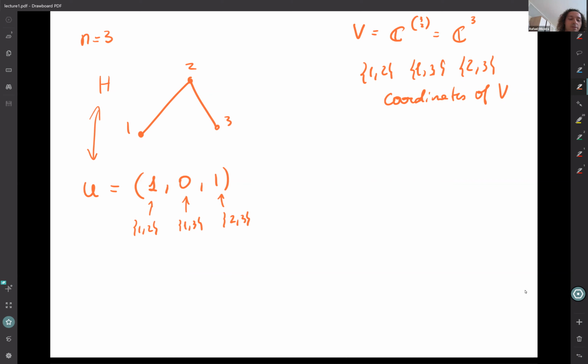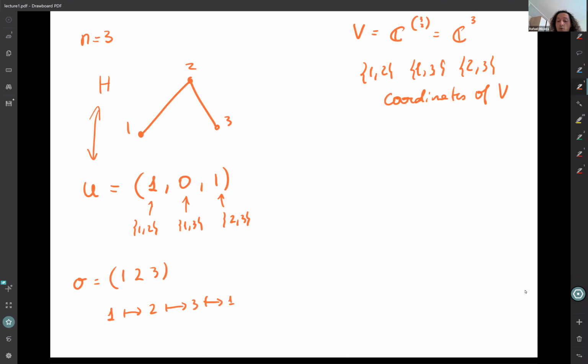Now let's say that we have the permutation sigma, written in cycle representation as (1 2 3). What is this permutation doing? It maps 1 to 2, 2 to 3, and 3 to 1.